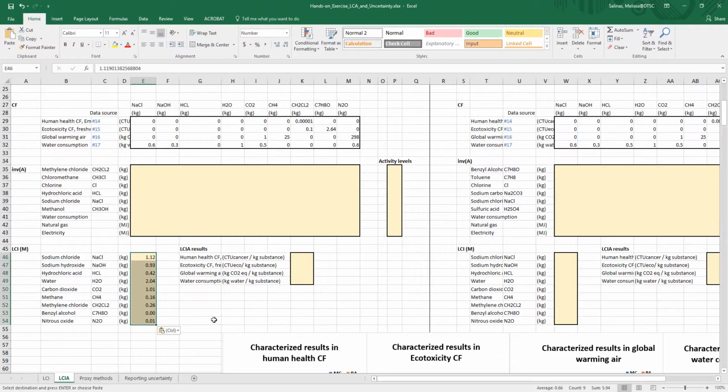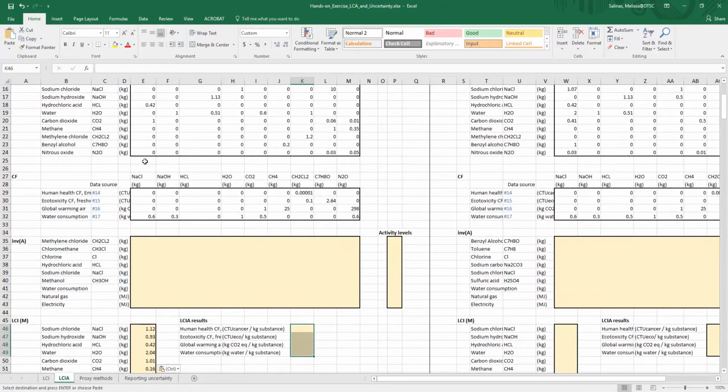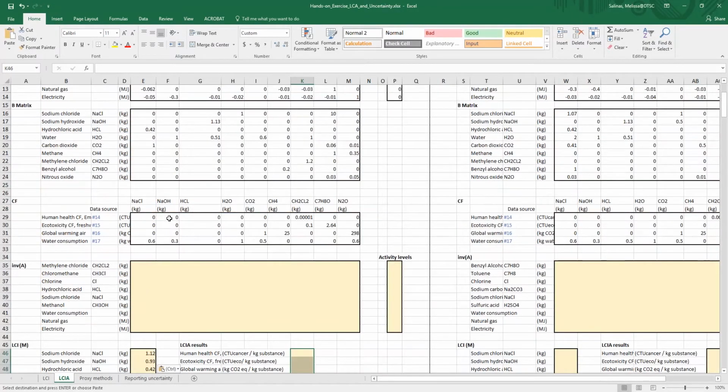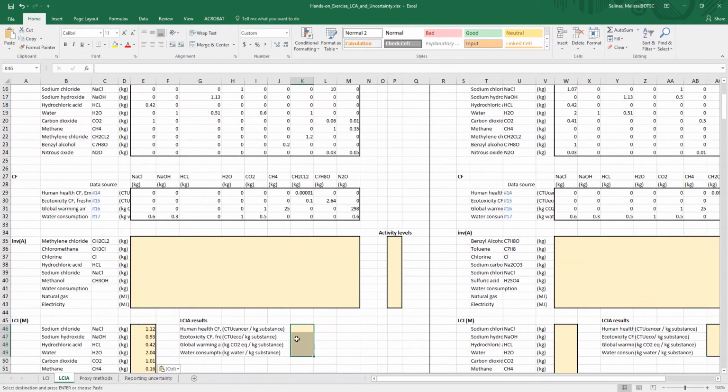Okay, so now I have the life cycle inventory, and the LCIA result is again a simple matrix multiplication between the characterization factors, which is here, CF, and the life cycle inventory. So I selected these 4 cells. Actually, it should be 3 cells, but for now let's do the 4 cells.